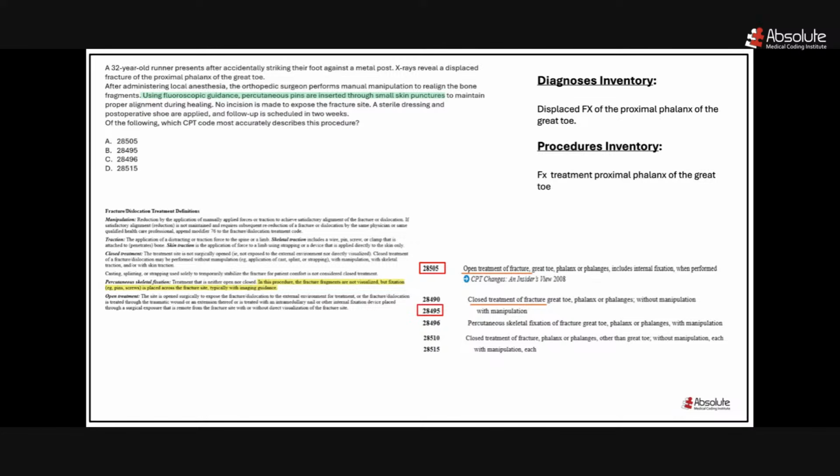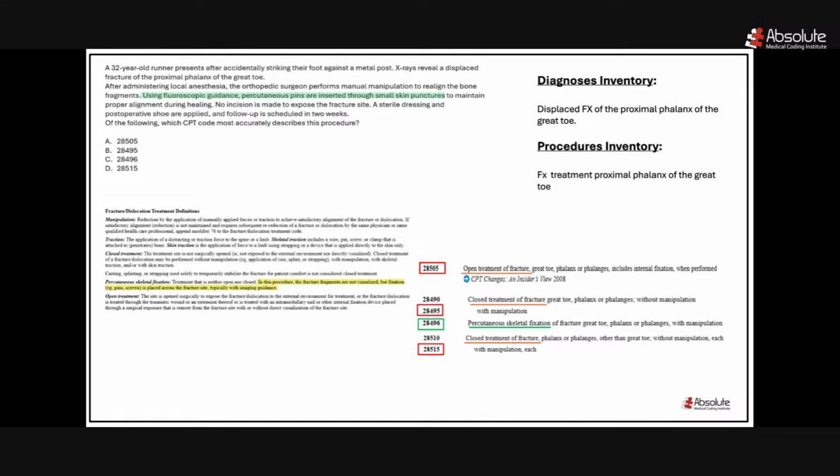It eliminates option 28495, option B as well. Also not 28515, which is also coding for a closed treatment. The correct answer is going to be 28496, which is for a percutaneous skeletal fixation of a fracture of a greater toe, phalanx, or phalanges with manipulation. Excellent job, coders.